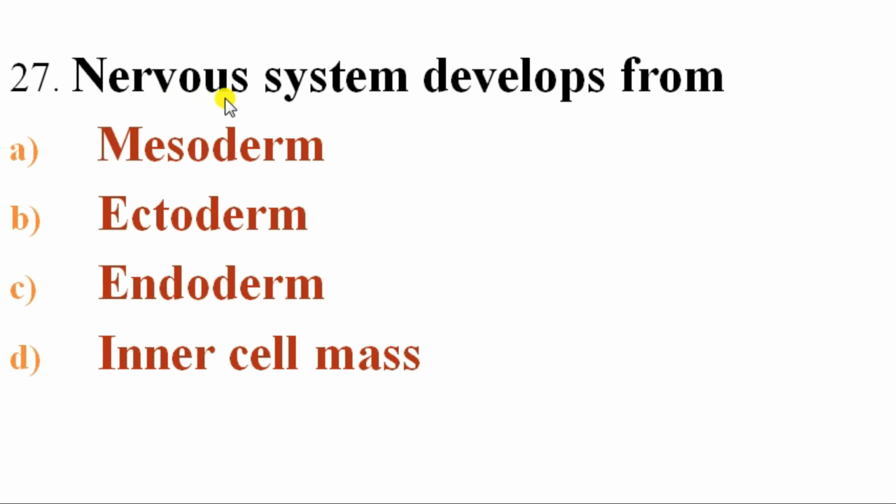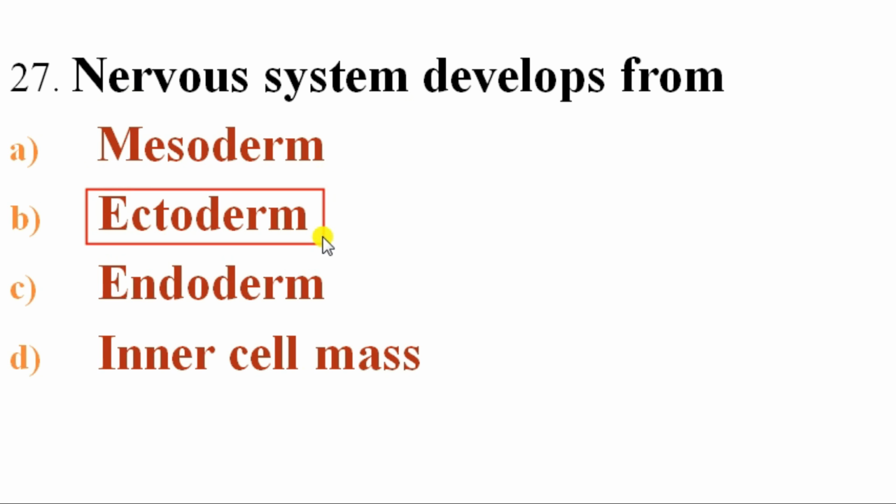Next, the nervous system develops from options A. Mesoderm, B. Ectoderm, C. Endoderm, D. Inner cell mass. Answer is B. Ectoderm. So the nervous system develops from ectoderm.